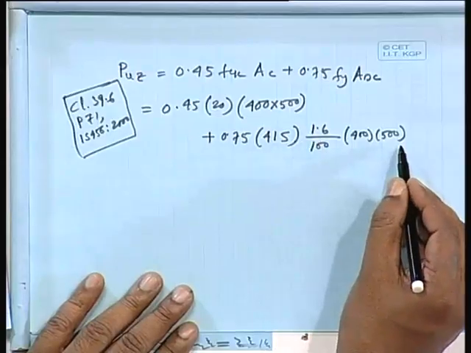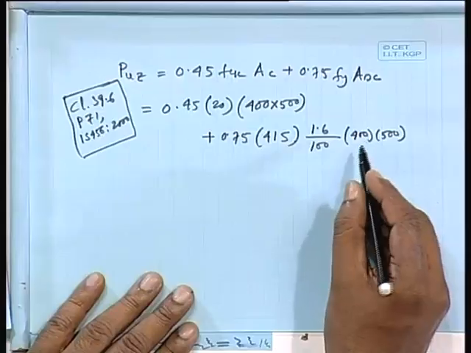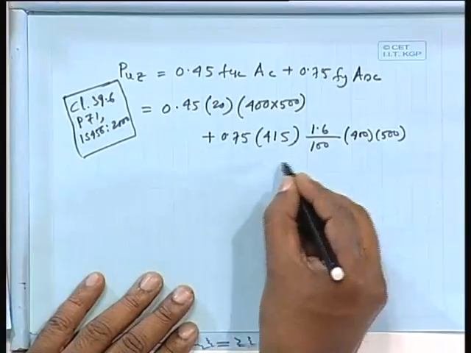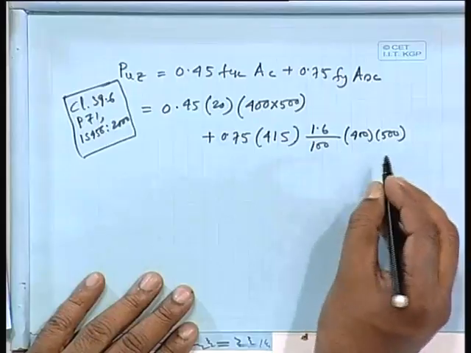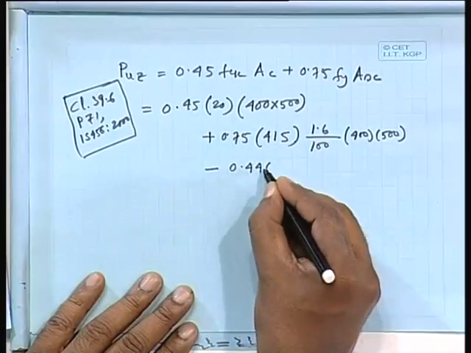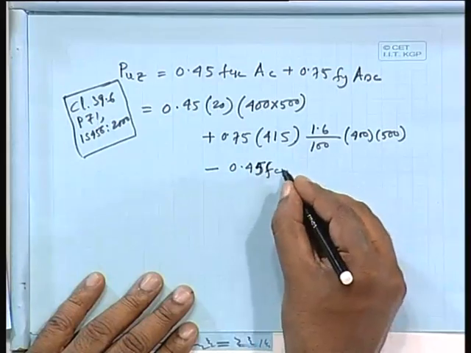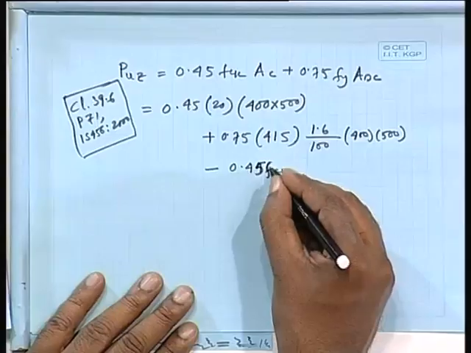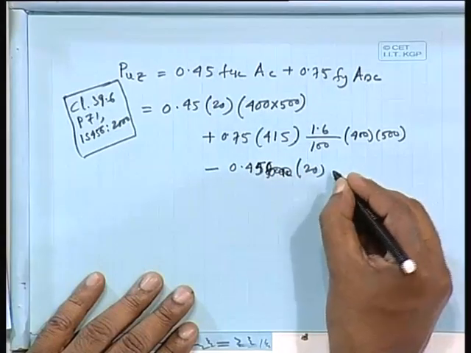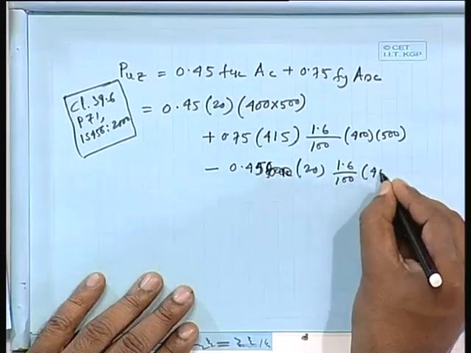So, this much is your area of steel, we are getting it here, and we should not stop here because we shall get it here again. How much will be that one? Minus 0.45 FCK, or 45 times 20 I can make it, times 1.6 by 100 times 400 times 500.